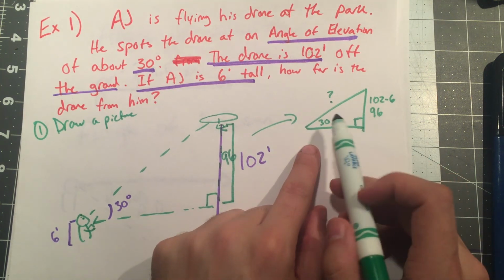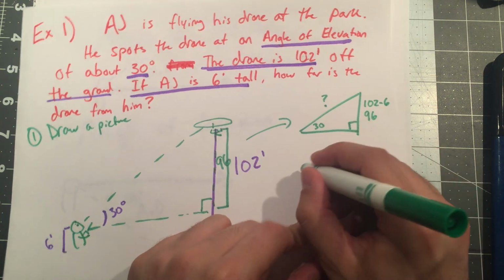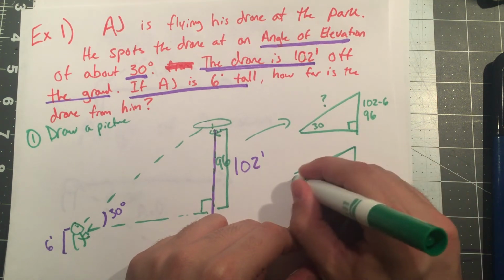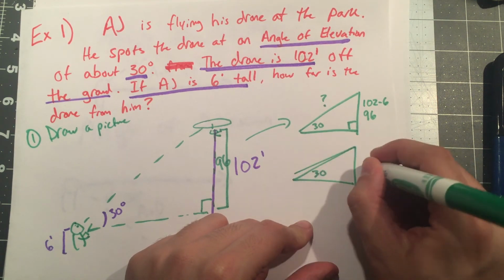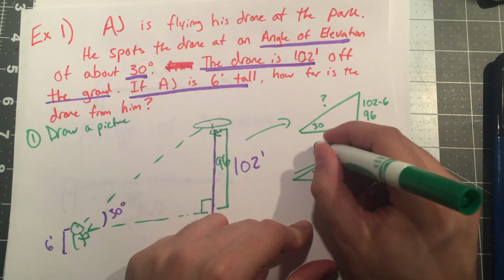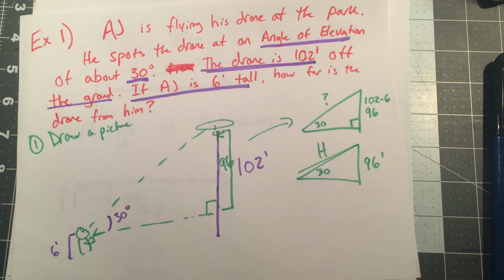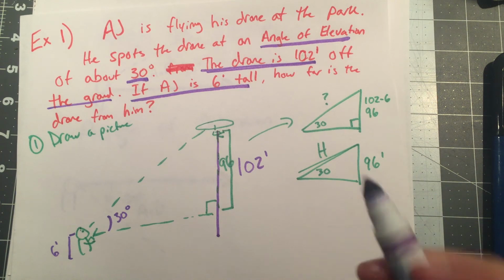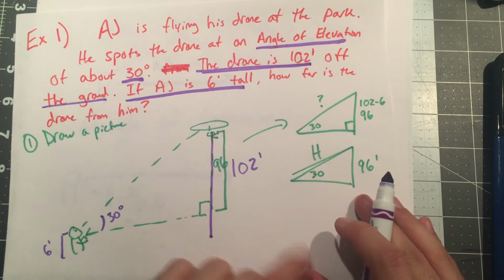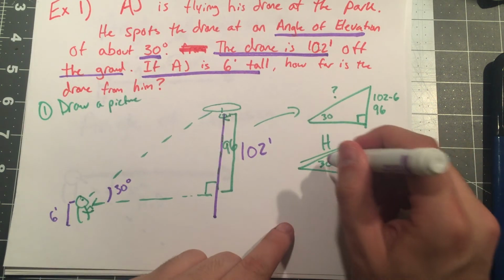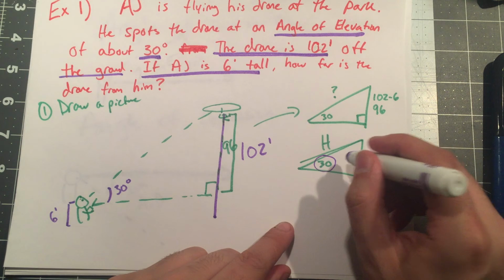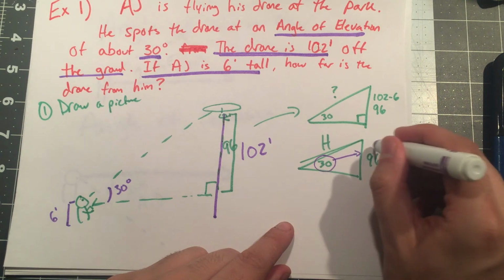So what I'm going to do is solve this triangle where I have a 30, 96 feet, and a hypotenuse. Well, if you remember our little process to figure out what we're going to do, this is now an abstracted 9-5 problem. 30, I'm looking at the opposite side.